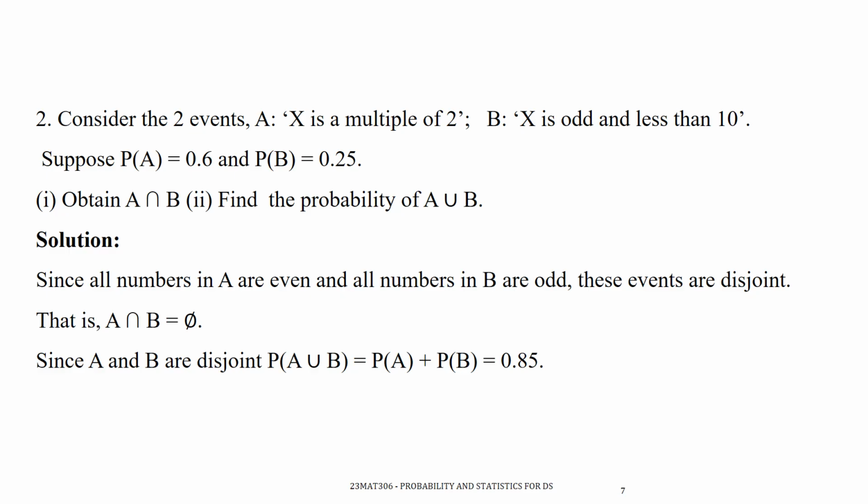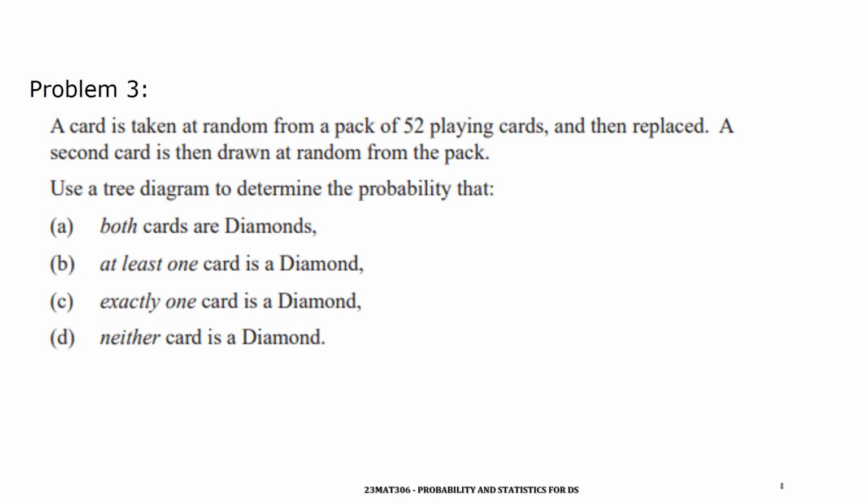Since multiples of 2 are even and B contains odd numbers, these events cannot occur together, so they are disjoint events. Therefore probability of A union B is equal to probability of A plus probability of B, which is equal to 0.85. Similarly, the following problems also follow the same approach.